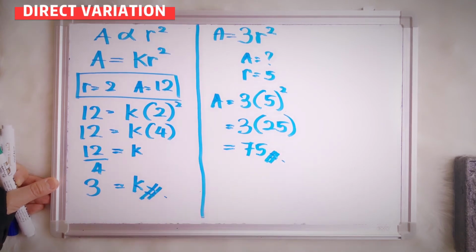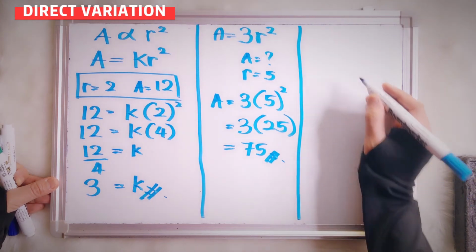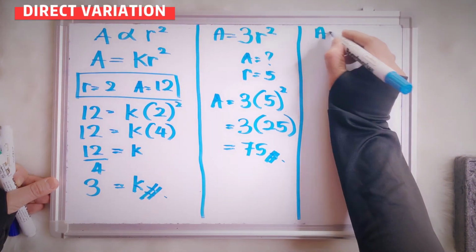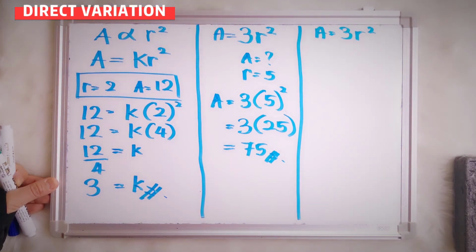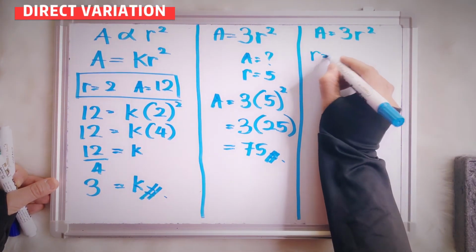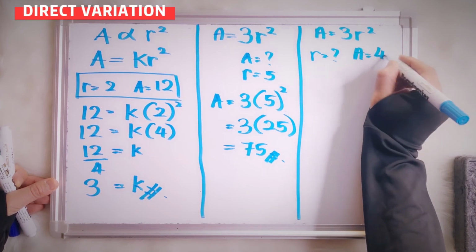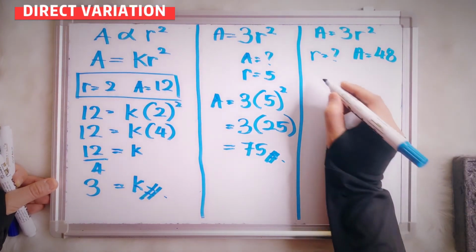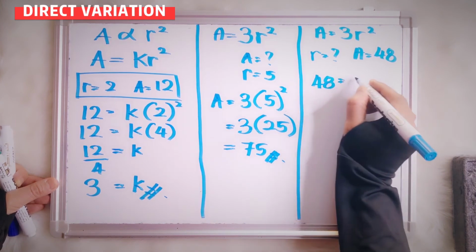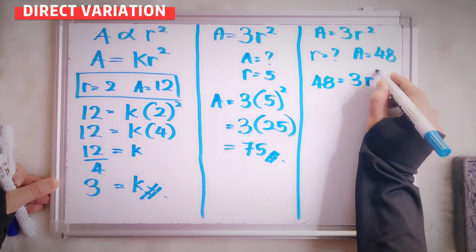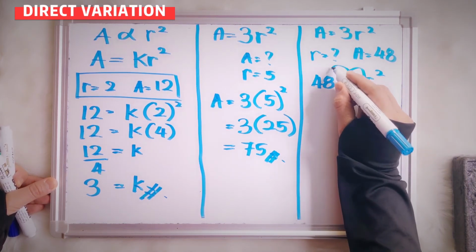Okay, now one more. Same equation. All right. So A equals 3r square. So you have to find what is the value for r when your A equals 48. Alright? So now A is 48 equals 3r square. So this is multiply. I want to bring to this side.